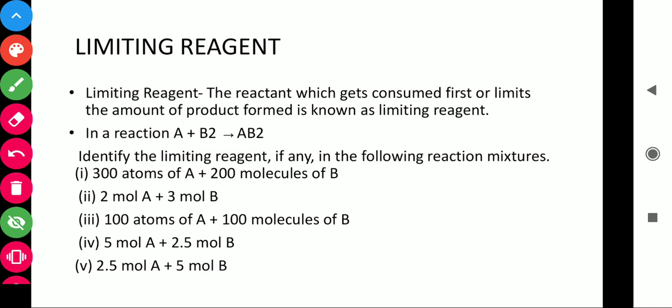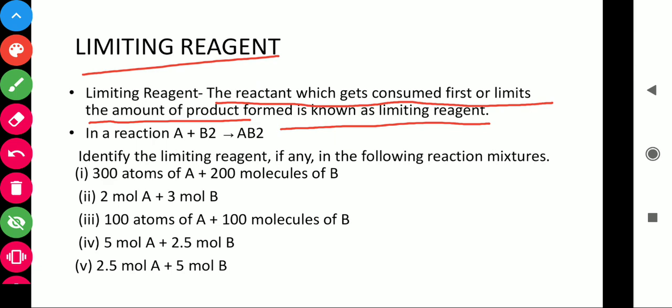This reagent is called limiting reagent. The reagent which gets consumed first or limits the amount of product formed is known as limiting reagent.